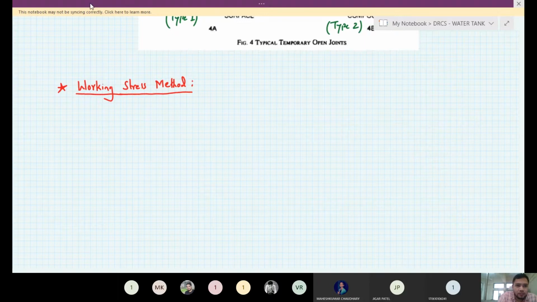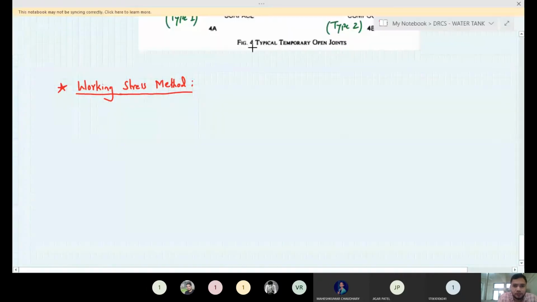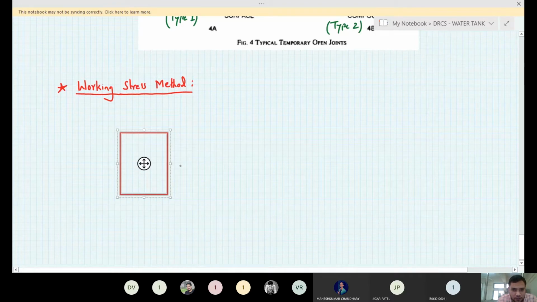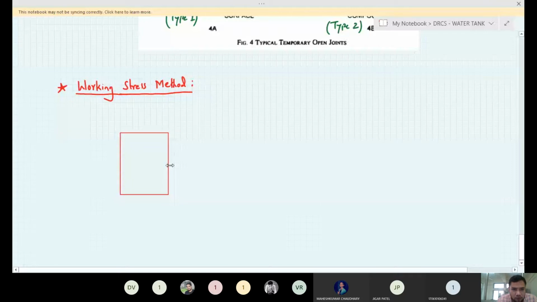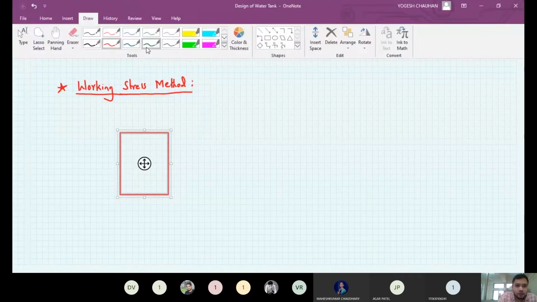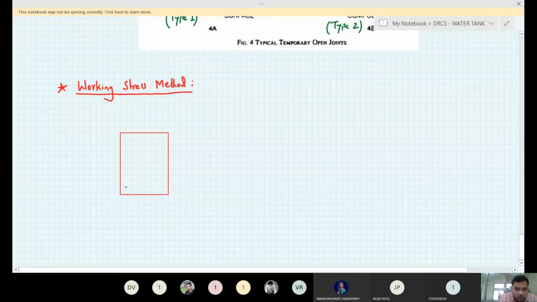To understand this, let us consider a rectangular cross section. Let us say this is the cross section, and let we have some reinforcement here.